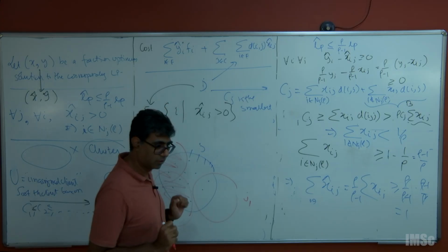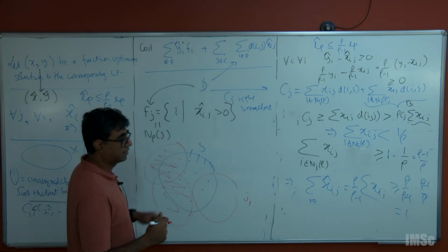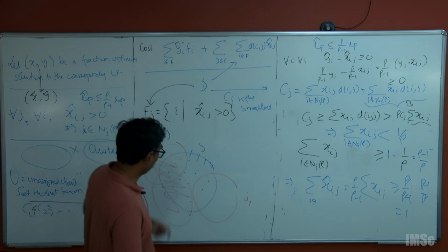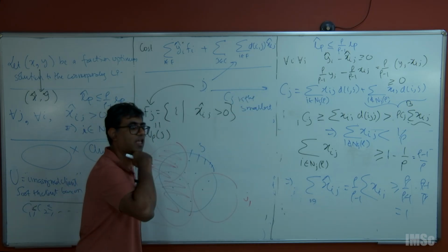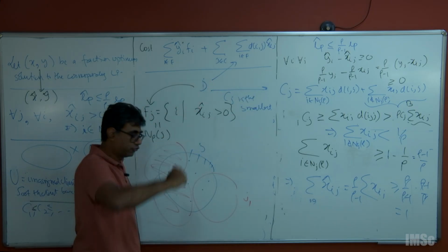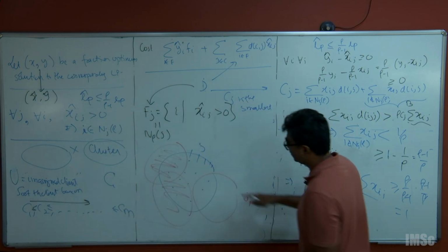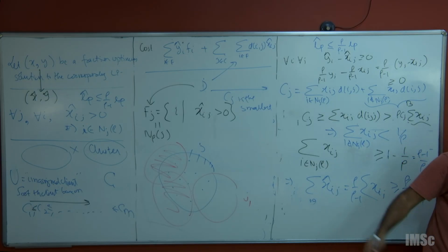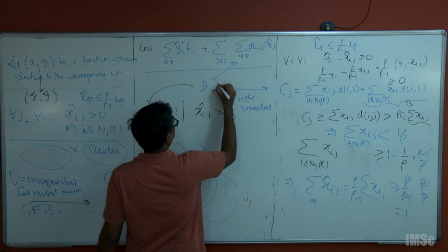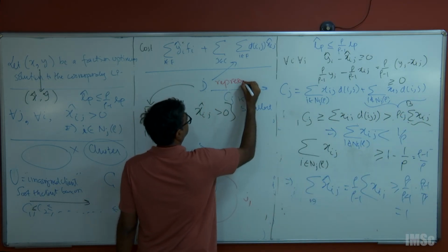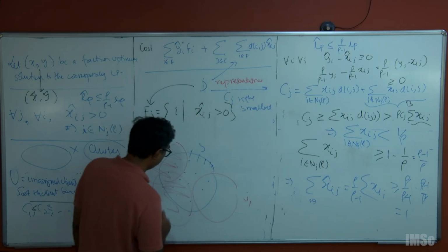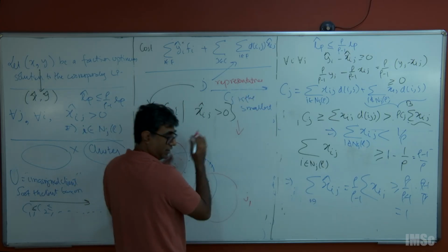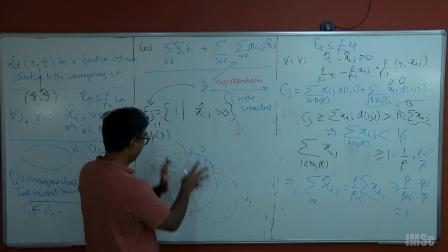So what will I do after this? I said, any unassigned client whose ball intersects, throw him out. He has been served. Now let's call j the representative, because j created the ball, j created F_j. I am very happy with any of these.